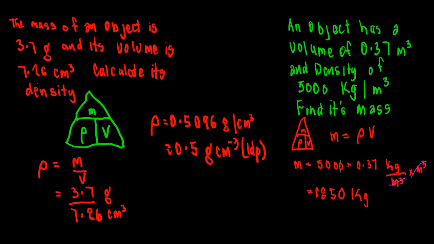So here's our density, 5,000 kilograms per cubic meter, times 0.37 cubic meters, and we multiply 5,000 times 0.37. That gives us 1850, and we can see that the cubic meters cancel out, and it's kilograms, which is what we'd expect from a mass. 1850 kgs. I haven't rounded or done anything to that. It's just the way it comes out.